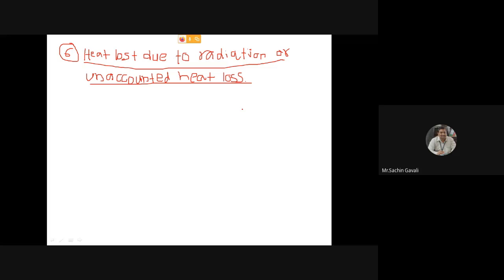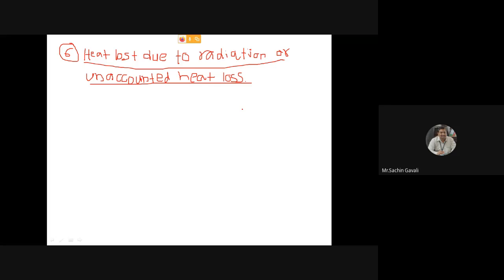The surface of the boiler radiates energy in the form of heat loss to the atmosphere. Full stop.